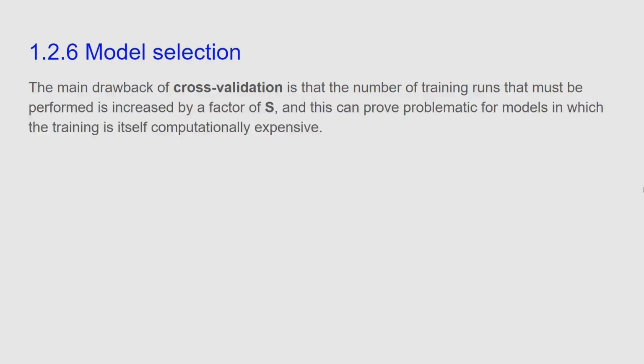The main drawback of cross-validation is that the number of training runs that must be performed is increased by a factor of S, and this can prove problematic for models in which the training is itself computationally expensive.